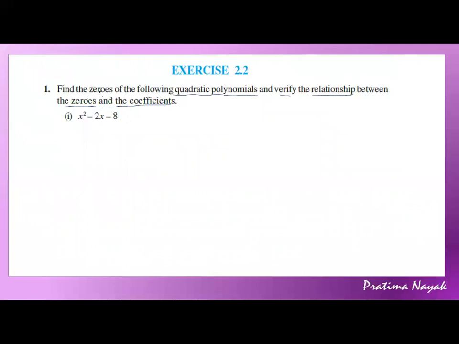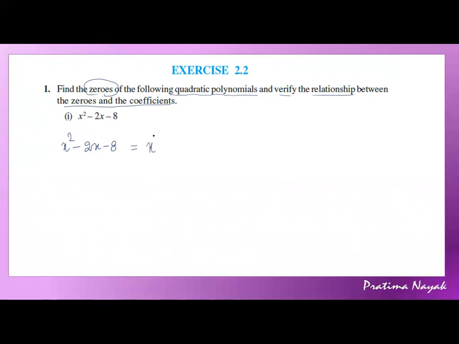First we'll get zeros. How to get zeros? By factorizing, by splitting the middle term. So I'll write x square minus 2x minus 8. I'll split the middle term thinking of two numbers whose product is 8 and difference is 2.